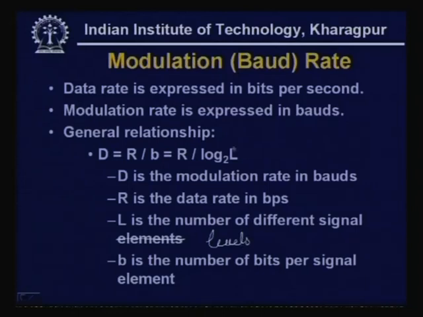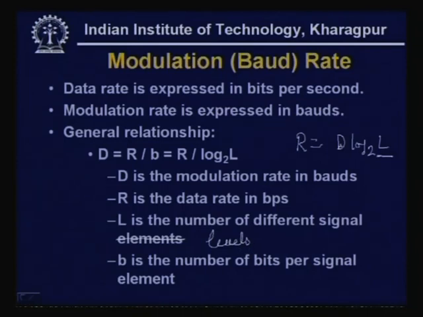And if L is the number of signal levels that is being used, then the data rate will be more than the baud rate, R by B. R is the data rate and D is the modulation rate, that means R will be equal to D into log 2 L. That means the data rate R will be more whenever you are using more number of signal levels, as we shall see.